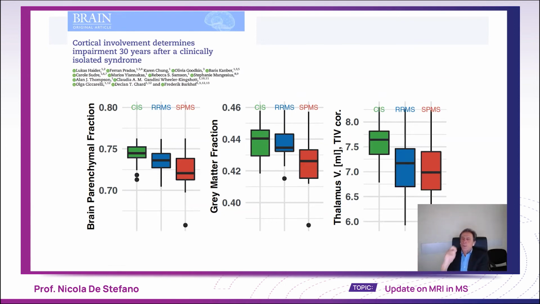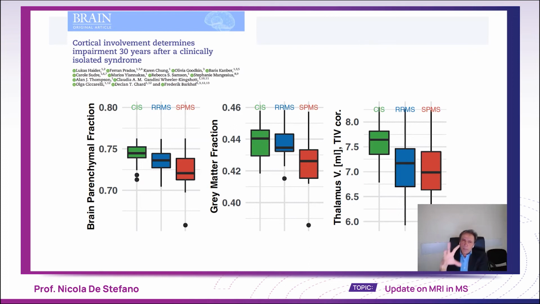But what is also constant in this situation is not only that overall brain atrophy is important in predicting bad disease or worsening disability.